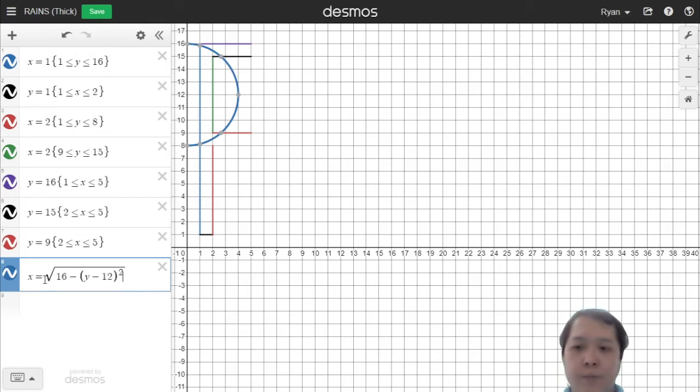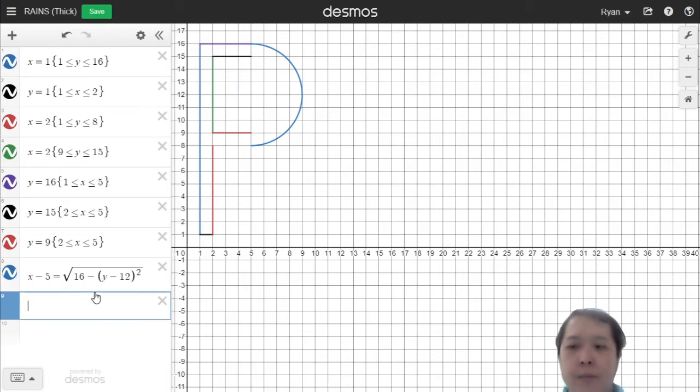And now we have to shift this to the right, so X minus 4, oh 5, yeah 5, that's correct.